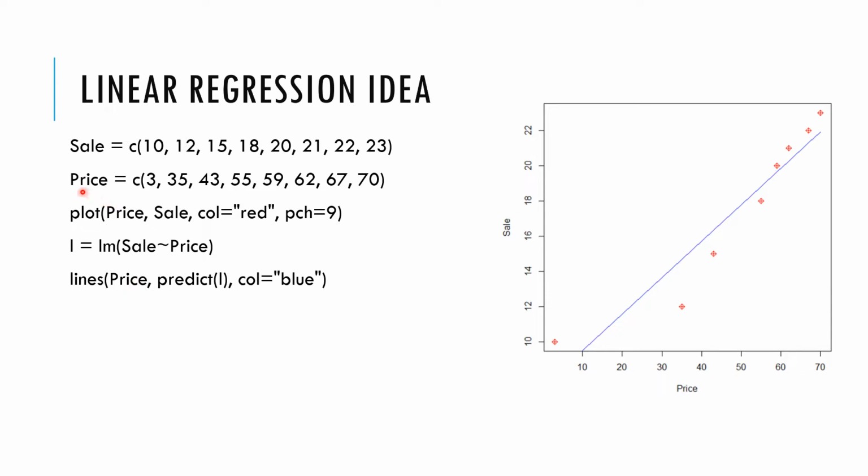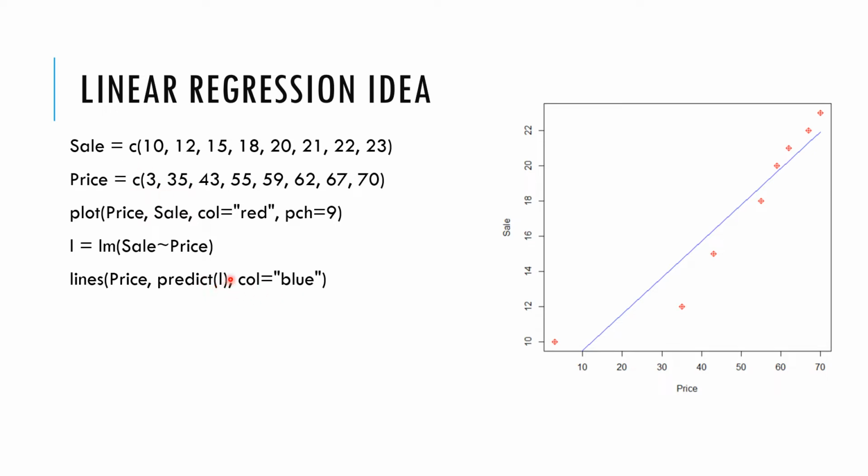This predict function will automatically take these values, because we are not separately providing another value. If you want to predict a different value using this model, then inside this bracket there is another argument for new data, and you can provide new x values, and it will predict the y value for those x values.